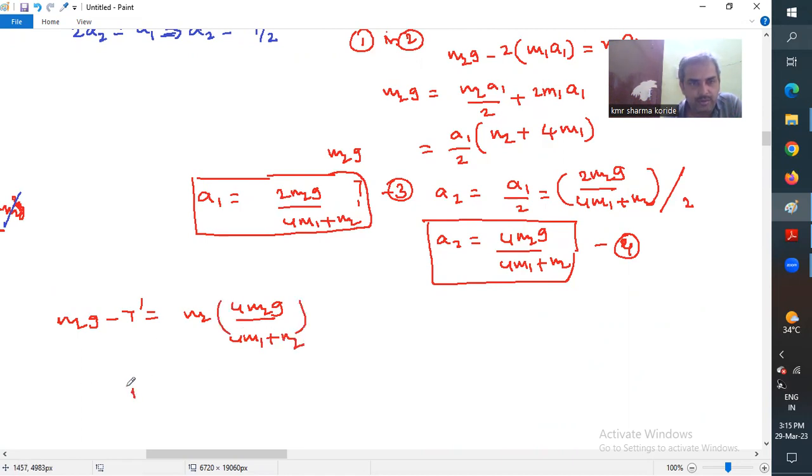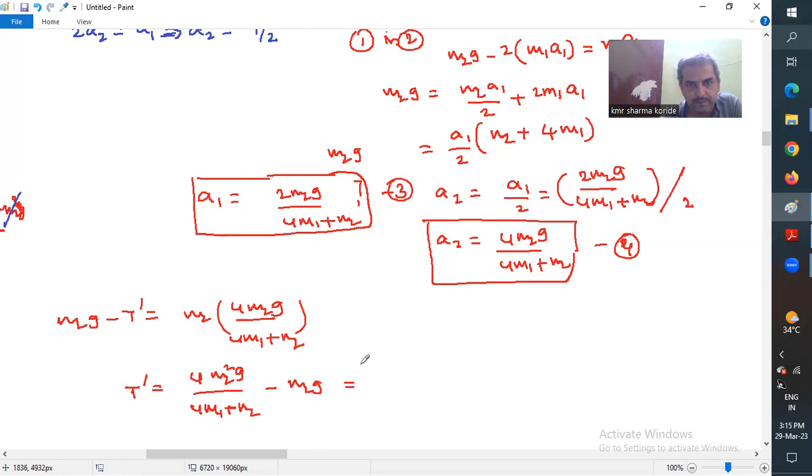So you're looking for T dash. T dash is equal to 4m2 square g divided by 4m1 plus m2 minus m2g.